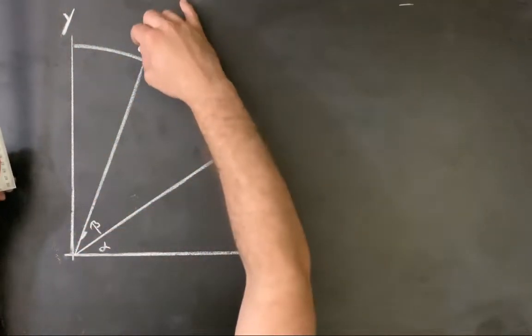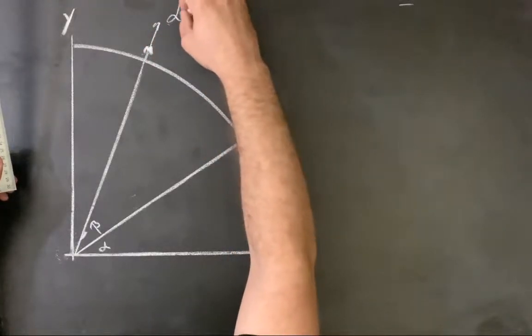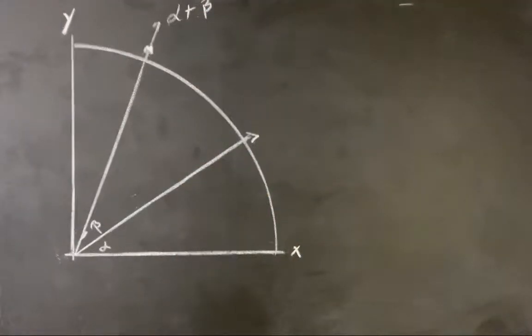We're going to say that this angle here is alpha plus beta. Now, how would we be able to find sine of alpha plus beta or cosine of alpha plus beta? We're going to need to use projections. Finding sine of alpha plus beta and cosine of alpha plus beta would seem very difficult unless you use projections.